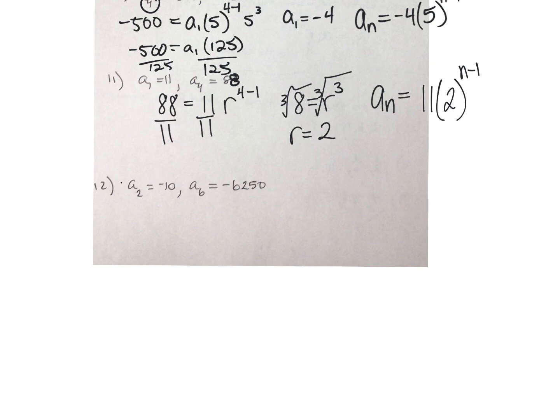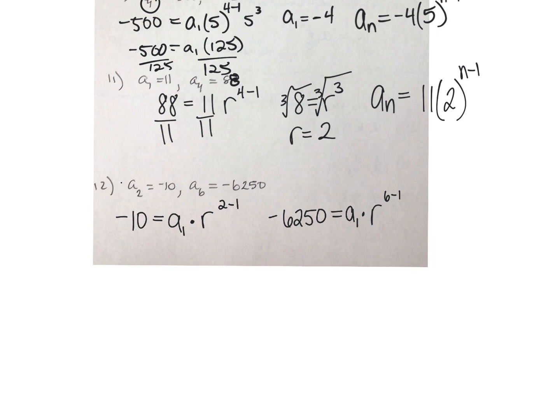Let's see, a2 equals negative 10. So that's negative 10 equals a1 times r to the 2 minus 1. And negative 6,250 equals a1 times r to the 6 minus 1.